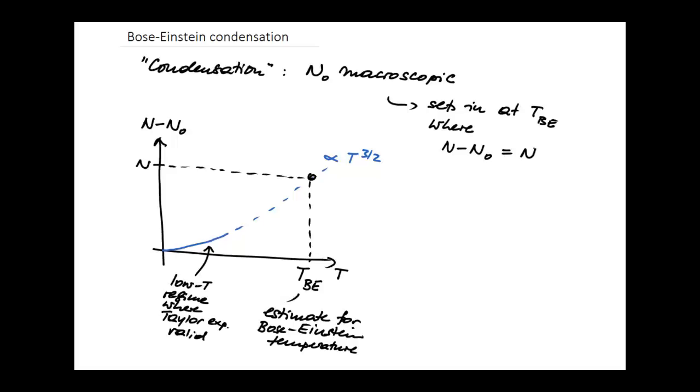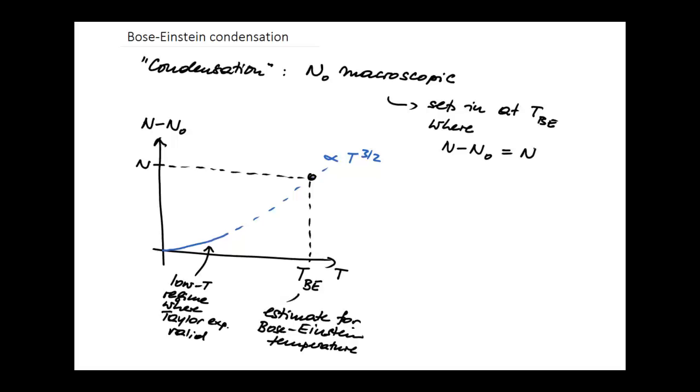So where we cease to have, if you lower the temperature, at high temperatures the ground state is virtually empty, and then at a certain temperature scale, at the Bose-Einstein temperature, the ground state begins to acquire a macroscopic occupation. To have a rough estimate, this is the point where the blue curve reaches N. So N minus N naught is equal to N.